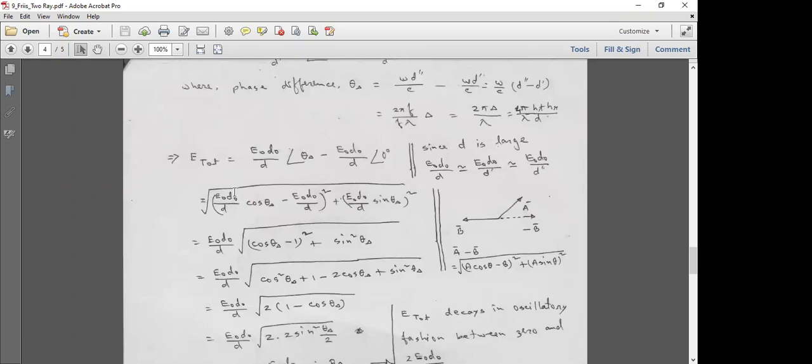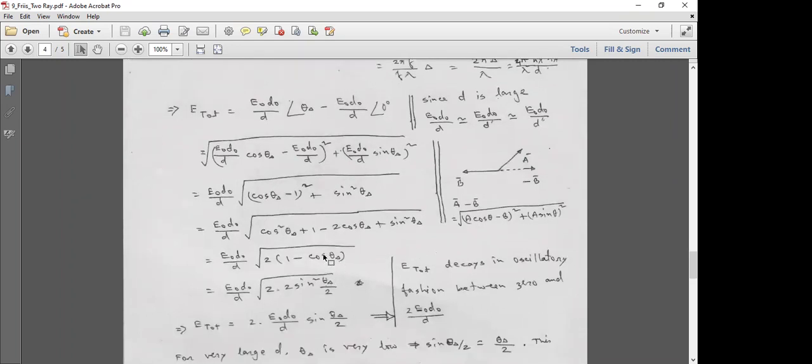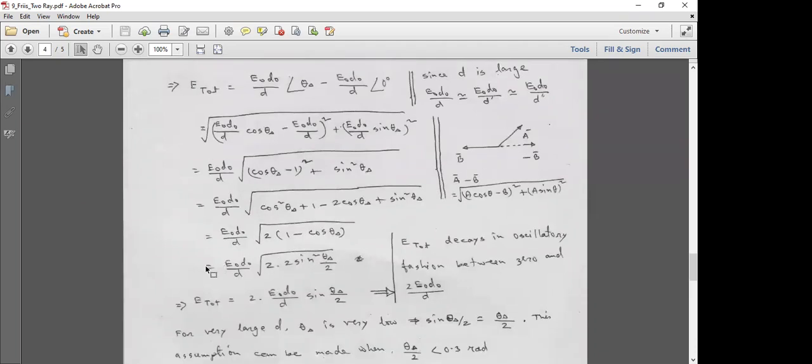Then E naught D naught by D we can bring outside. And for the rest, if you just expand, with some manipulation, it ends up with this expression.